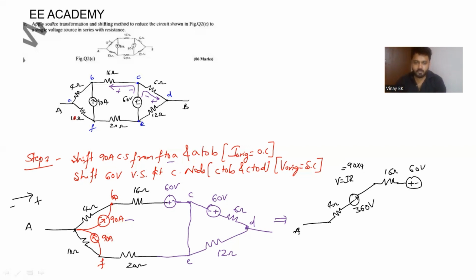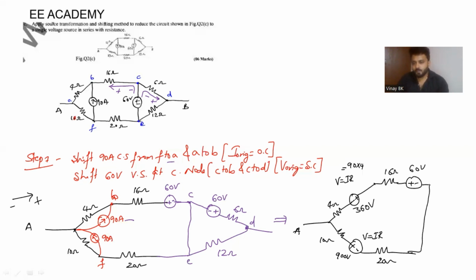Here again you are doing source transformation. 10 ohm resistor is in series with one voltage source, and the direction of current is F to A, that is nothing but at F it is negative, at A it is positive, and this V is given by I into R, whereas I is 90 amperes, R is 10 ohm, so 90 into 10 is nothing but 900 volts, in series with 20 ohm resistor, and there is a short circuit here like this.